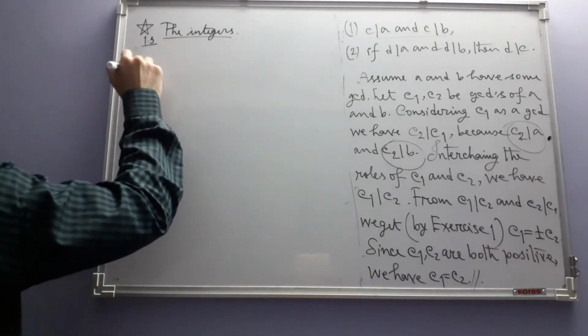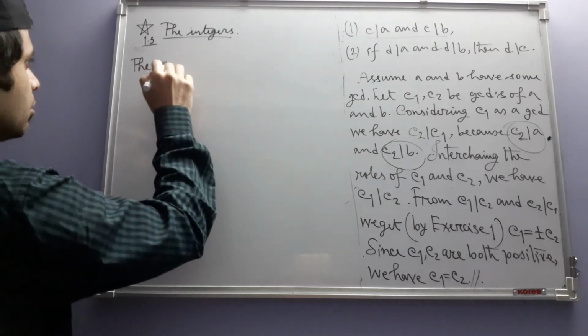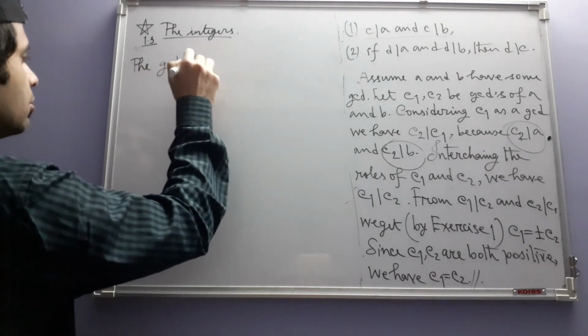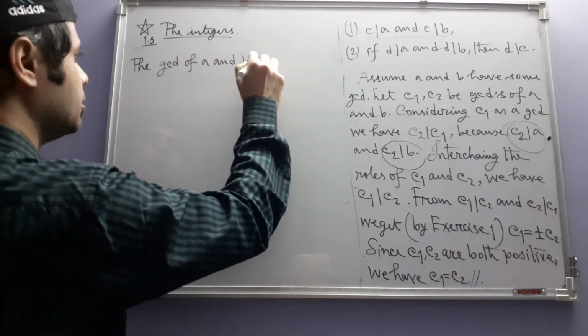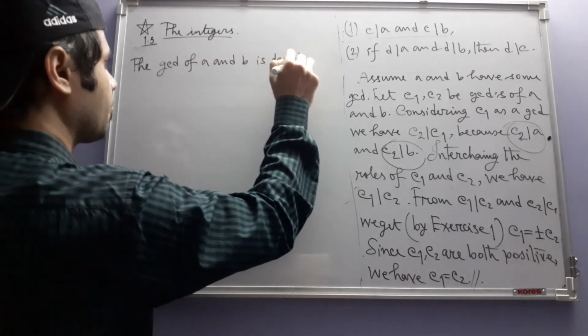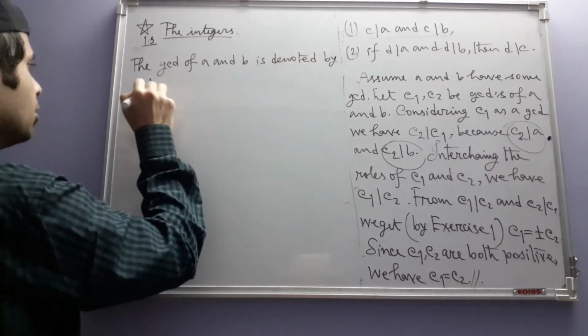The GCD, see, now we can write the GCD, not a GCD. The GCD of A and B is denoted by this symbol.